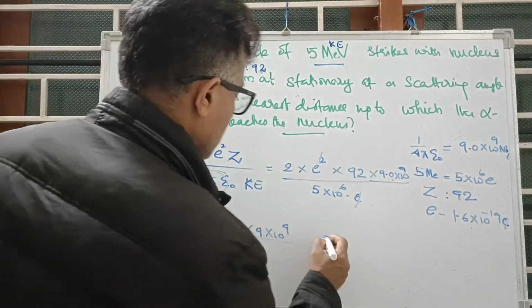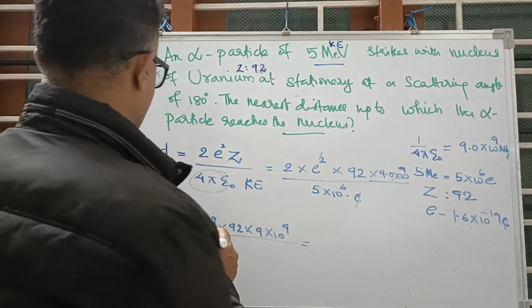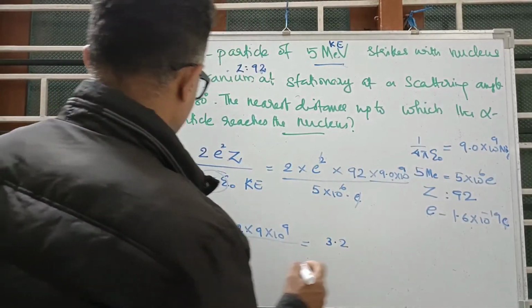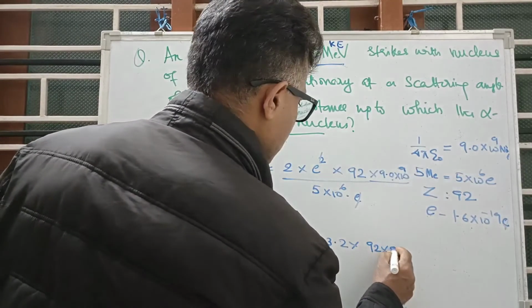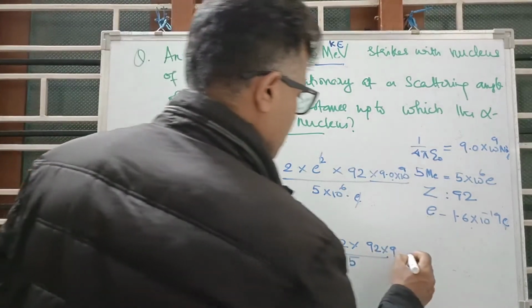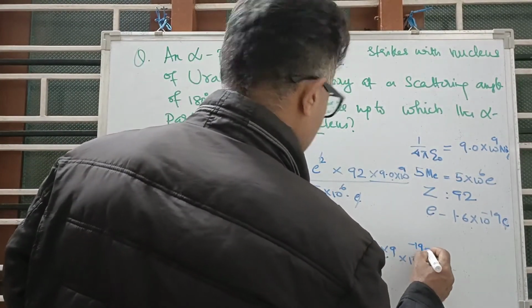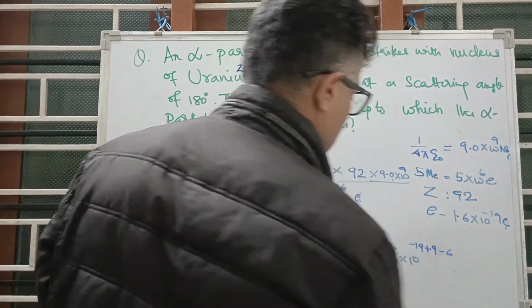D is equal to 2 into 1.6, which is 3.2, into 92 into 9 divided by 5, into 10 raised to minus 19 plus 9 minus 6.